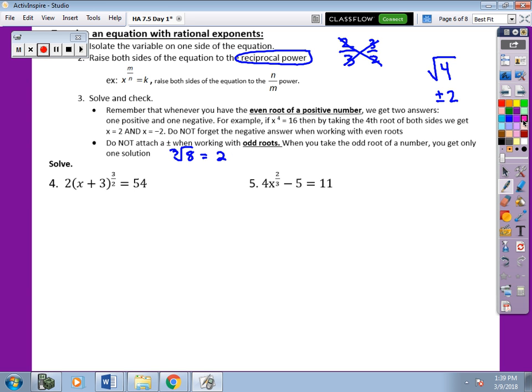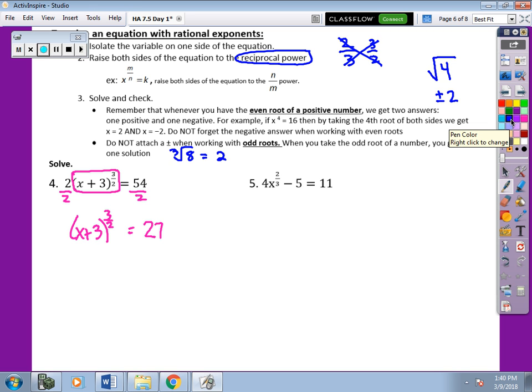All right, example 4. First, we're going to isolate the variable. So we'll divide both sides by 2, to get x plus 3 to the 3/2 power equals 27.